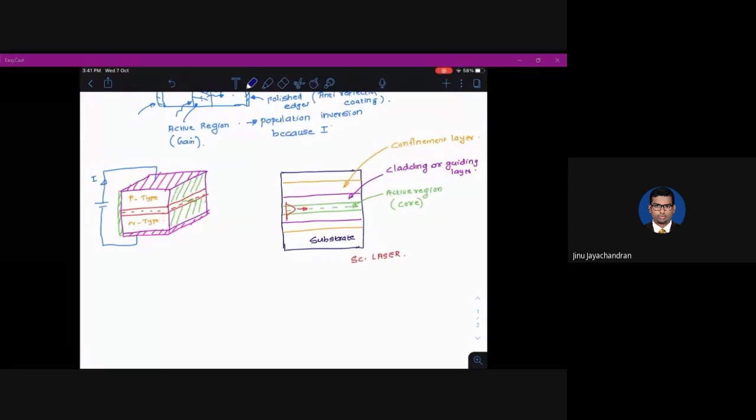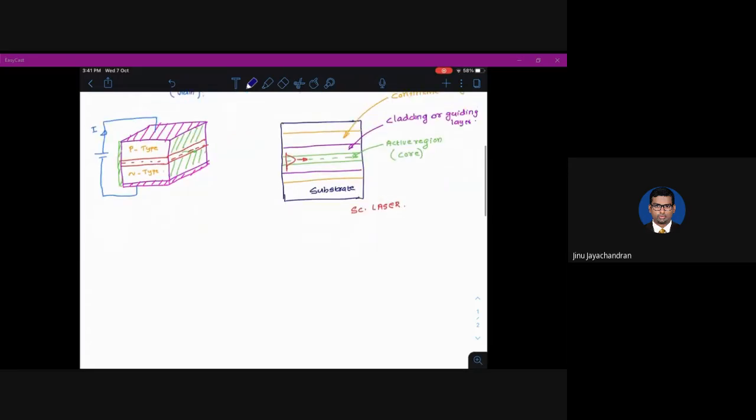Okay. Now coming to heterojunction, naturally after homojunction you will have something called a heterojunction laser. And by the way, the homojunction laser is not mentioned in your syllabus, but to explain heterojunction, I think homojunction is pretty important.